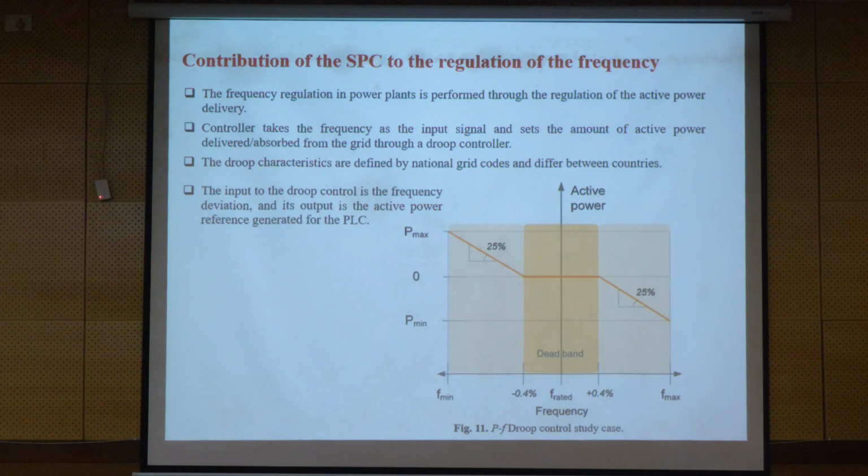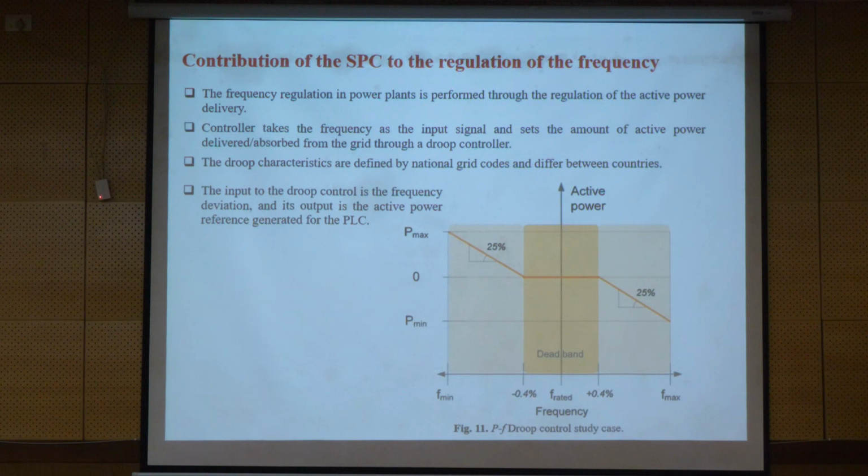This frequency regulation is normally based on the provision of the active power, and we can control frequency based on the signal we get from the frequency, and then deliver or absorb active power to the grid accordingly, and then regulate it in the required boundary. So we have a control, we call it droop control, and the idea is that we keep the frequency between the dead boundaries.